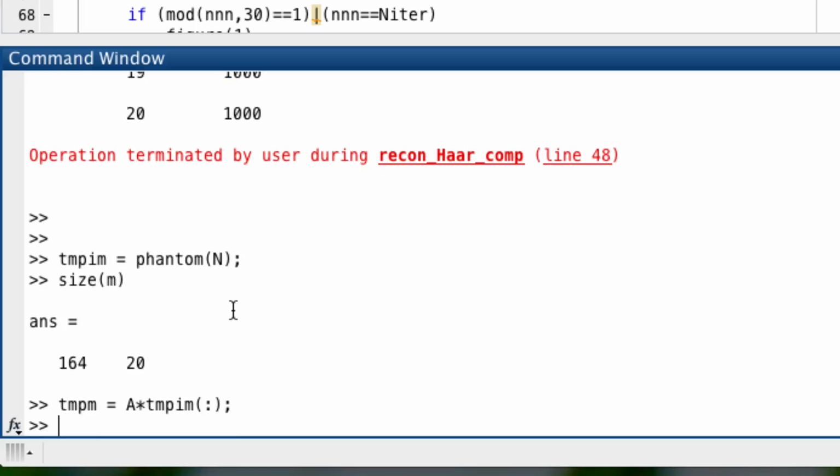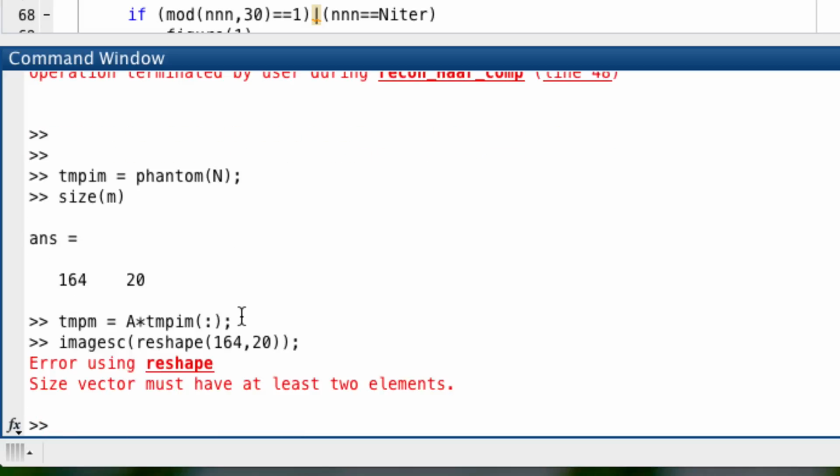And now let me show what happens when I reshape the resulting histogram into... Is this your own function also? Reshape is from MATLAB.